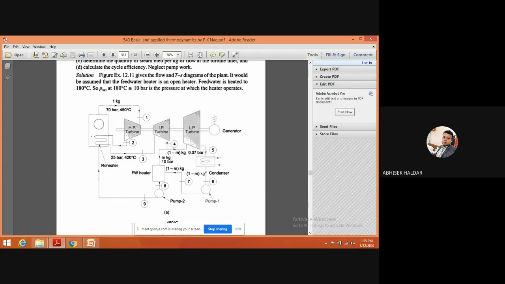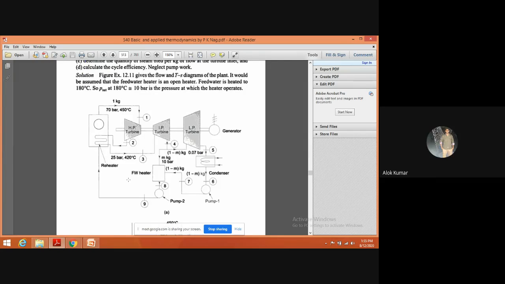Here reheater is also there, high pressure turbine, intermediate pressure turbine, and low pressure turbine. So regeneration is also there, reheat is also there. Here you can get the maximum efficiency. In modern power plants, they use reheat and regeneration both. Now, single regeneration or two regenerations they may use, that depends on the situation.